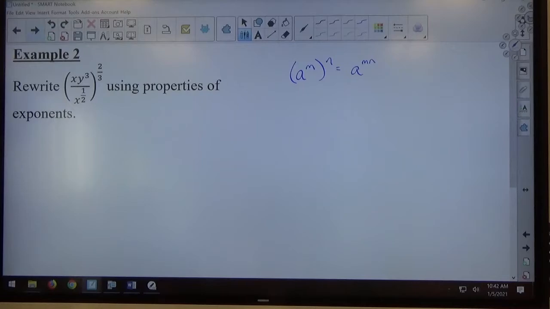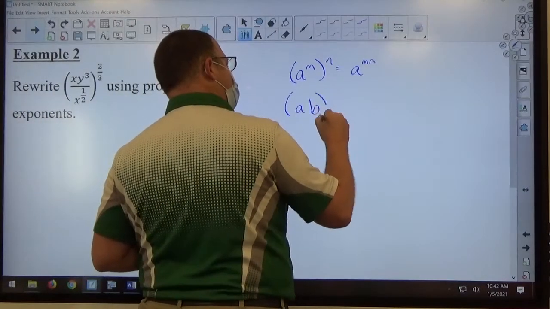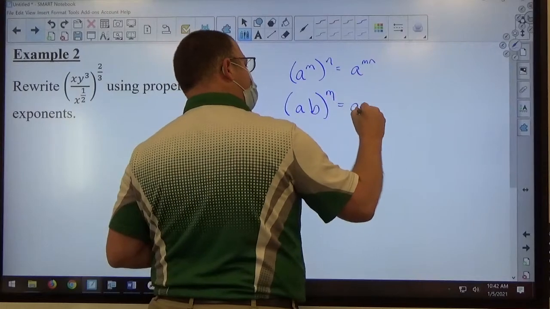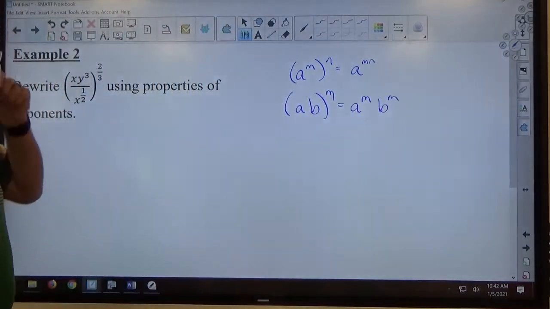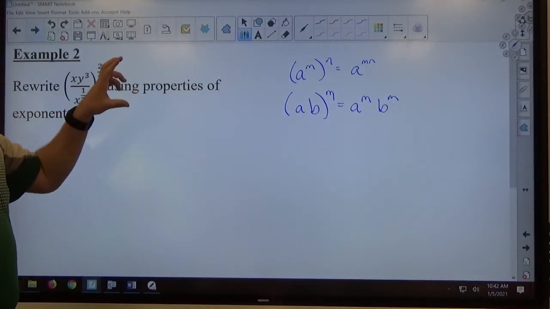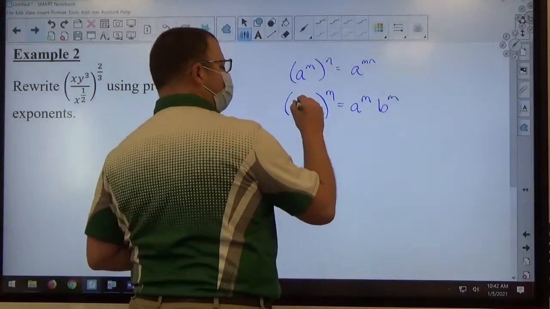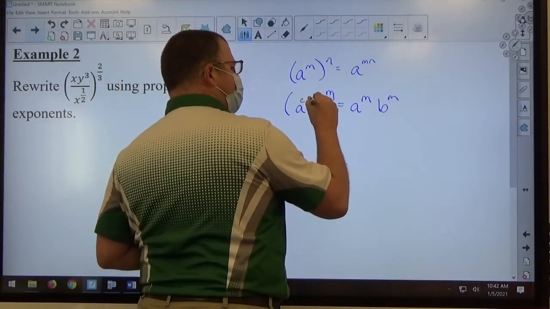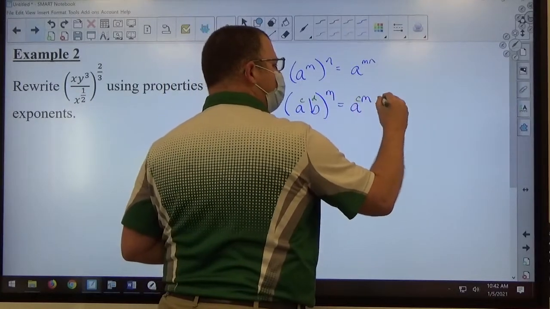We have the power of a product rule, which is that. You can actually combine those rules together. It's not on your note sheet, but you can combine those rules together. If there's some power in here, let's say there's a C and a D power maybe, then this would be A to the CM and B to the DM.